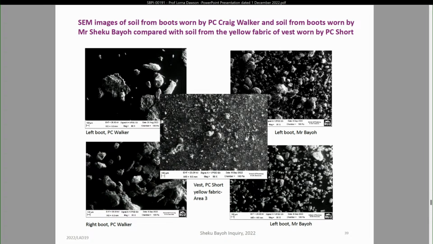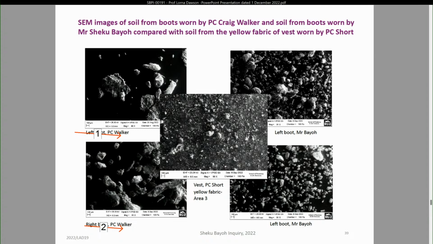These are images from, on the left-hand side, the left boot of PC Walker, and on the right-hand side, the right boot of PC Walker. As you can see, these again are well-sorted samples, so that we only have the larger particle size grains in that sample. So these are the sand-type size particles present on the soles of PC Walker's boots.